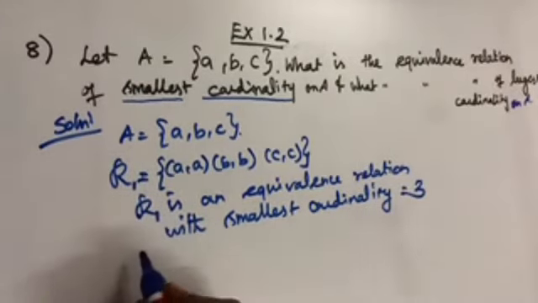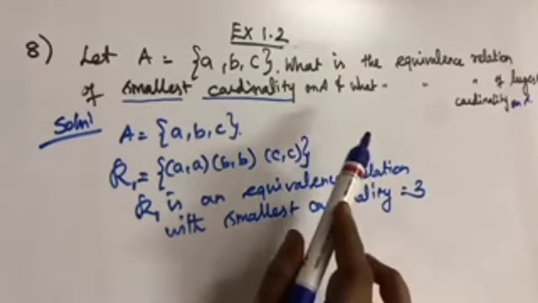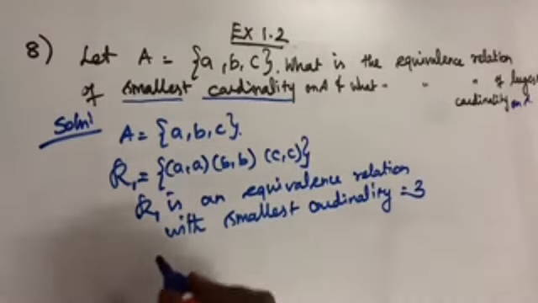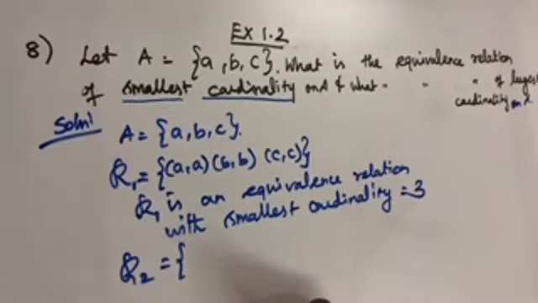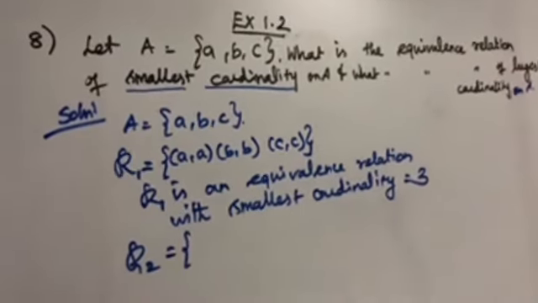Now, what is the equivalence relation of largest cardinality? So R2. Largest cardinality means you have to write all the elements. This is the set A. Okay.